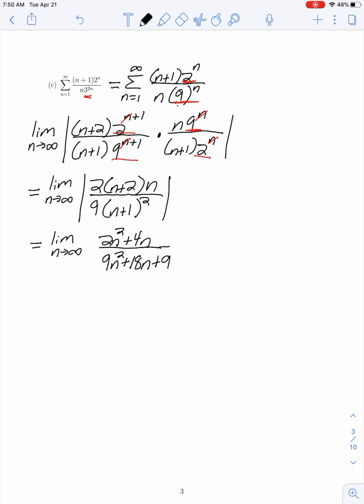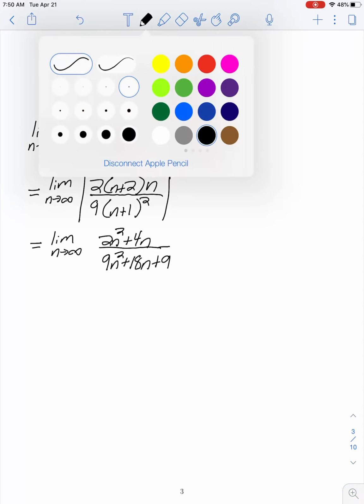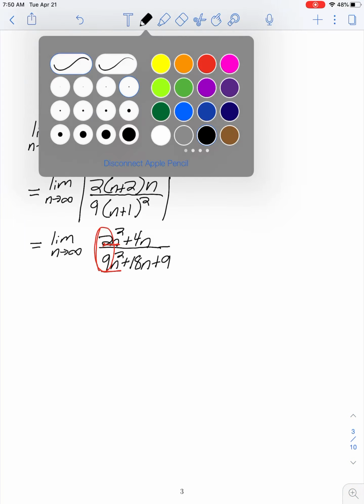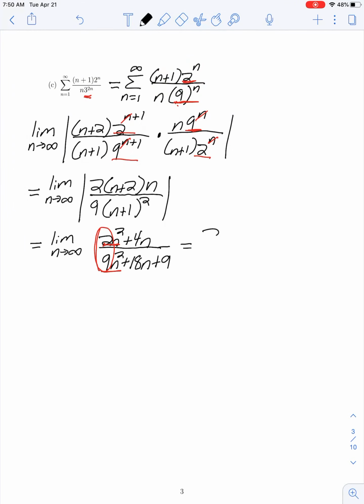So at this stage, we have an infinite limit of a rational function where we have the same highest power of n on top and bottom, n squared. So the limiting value is then the ratio of the lead coefficients for those highest powers of n. In this example, 2 over 9, which is a number less than 1.